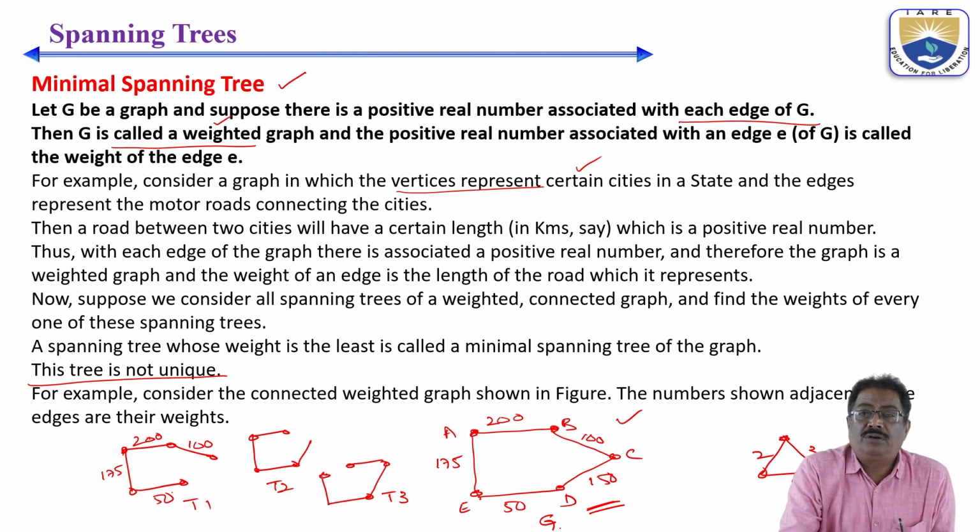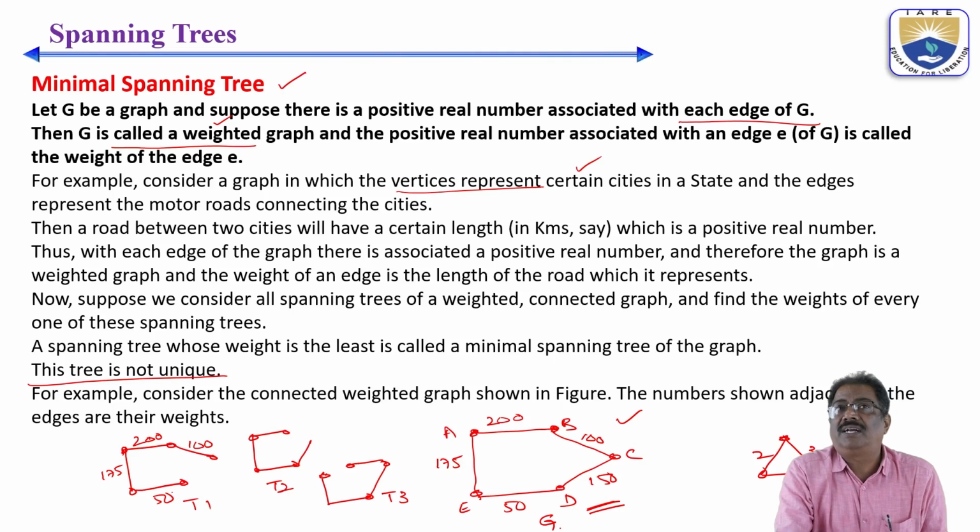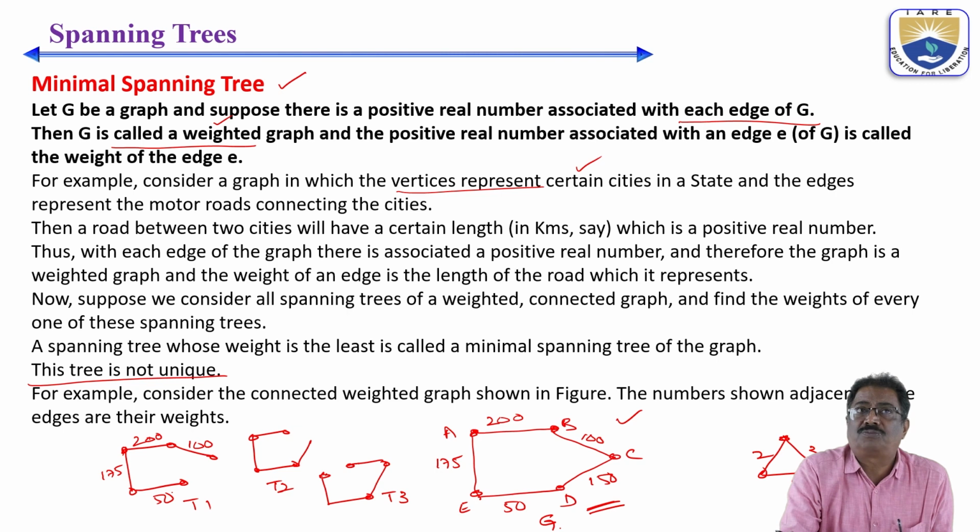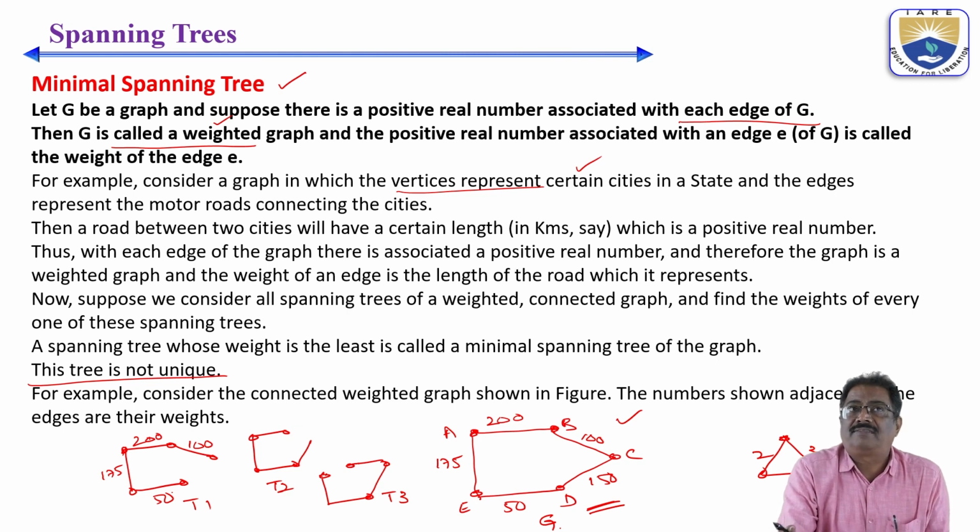Instead of finding all the spanning trees, calculating the weight of each and every spanning tree, comparing all the weights, and selecting the minimal weighted spanning tree, the process is difficult.